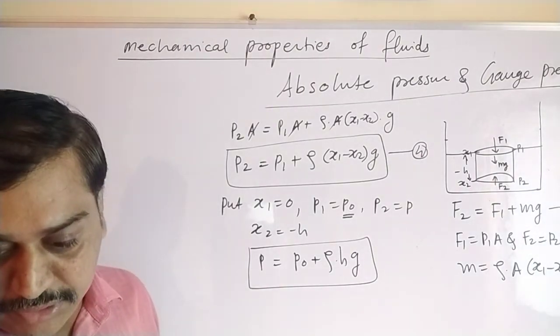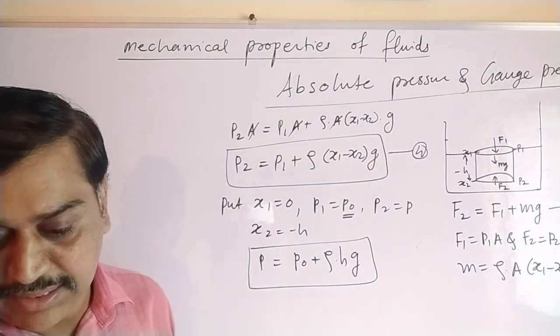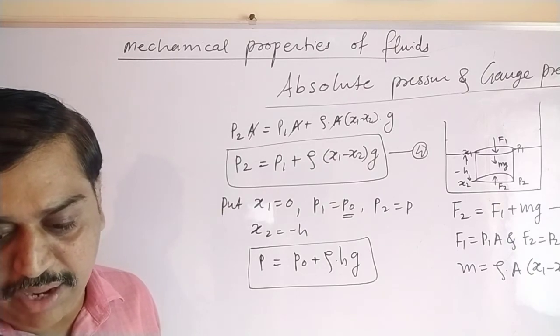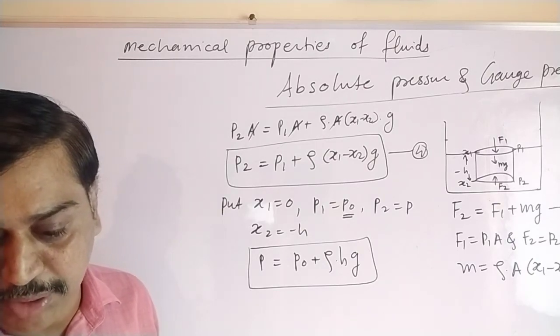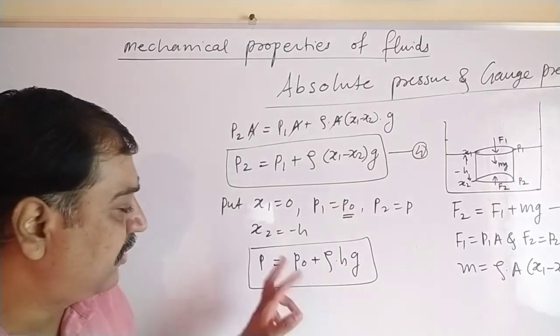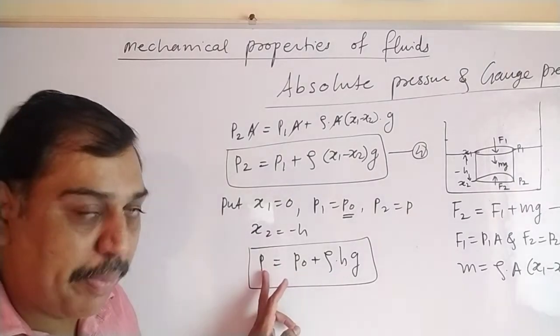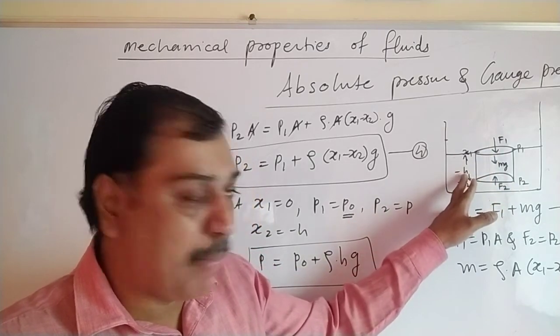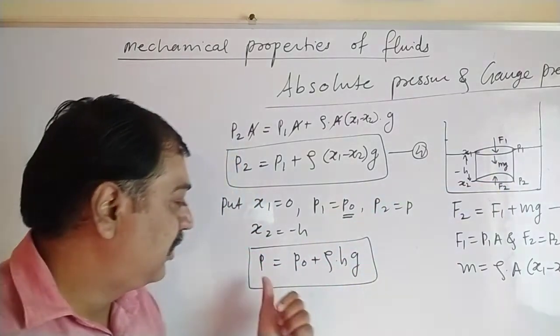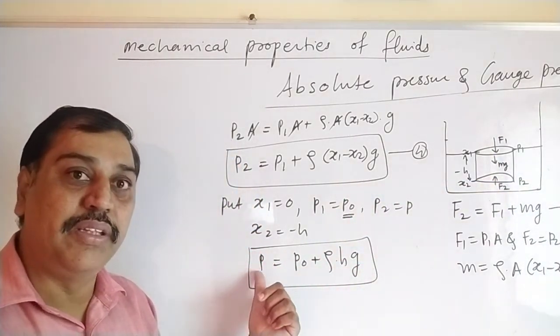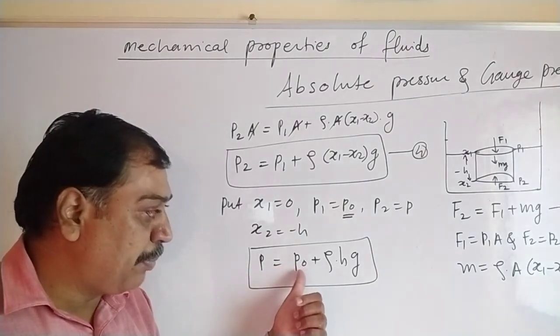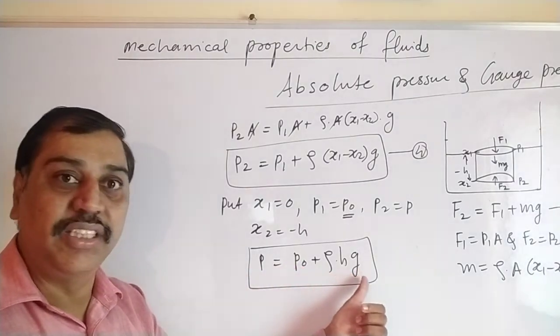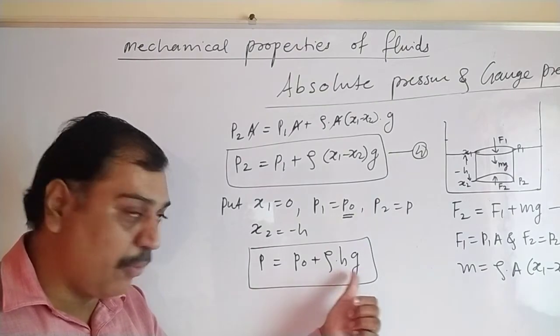Now here they have used the word absolute pressure. This equation gives the total pressure, or absolute pressure P, at a depth h below the surface of the liquid, at this point P2 at a depth of minus h inside the liquid. This pressure can be found with the equation atmospheric pressure plus rho h g. That rho h g we have already derived.